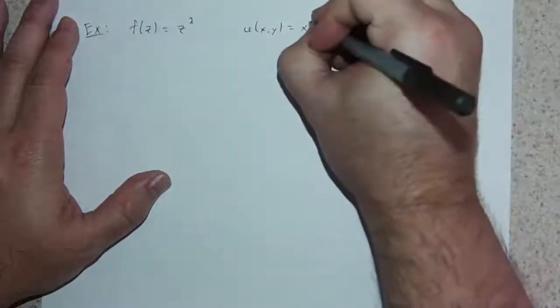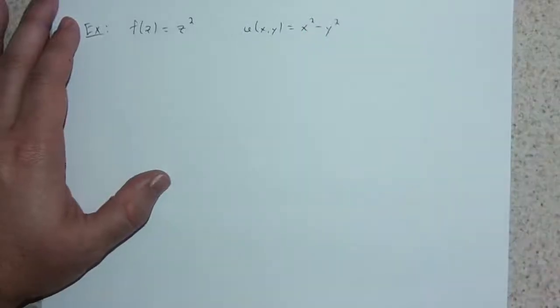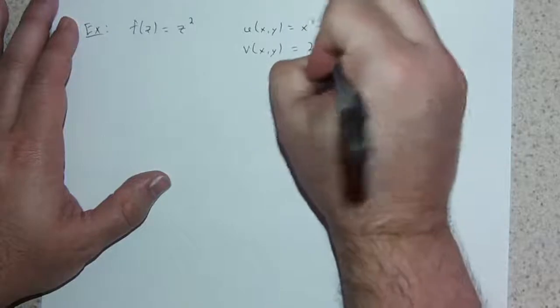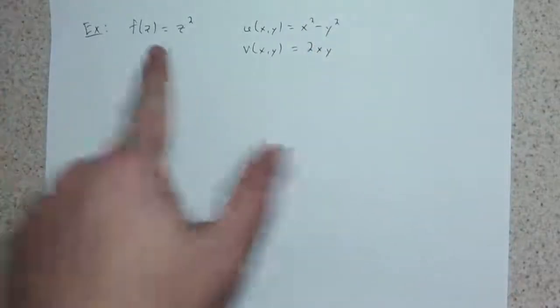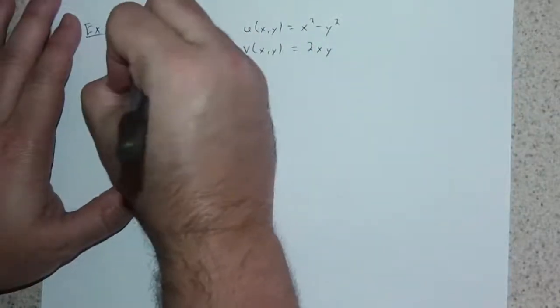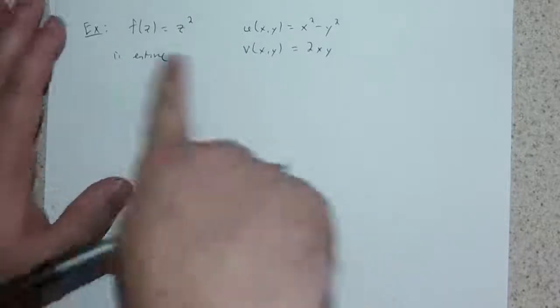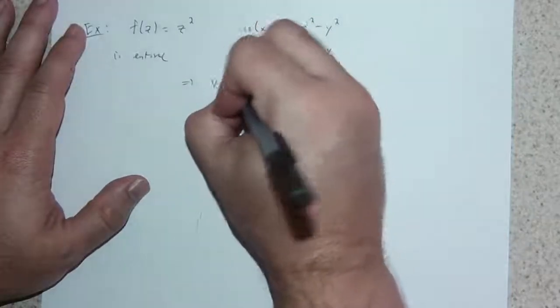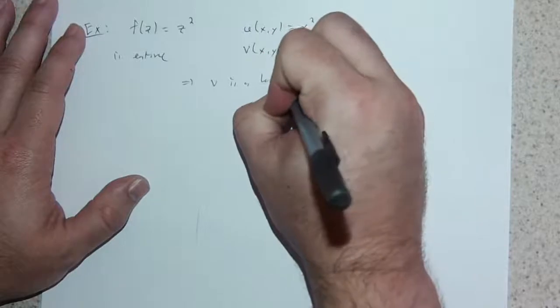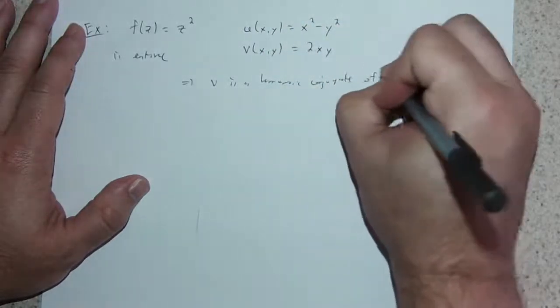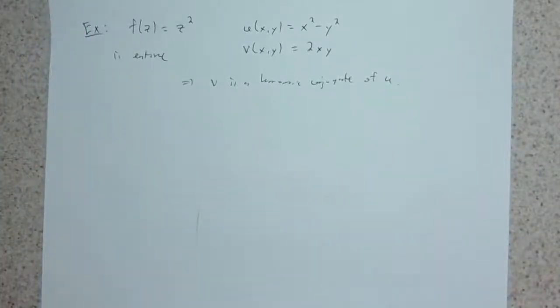So u here is x squared minus y squared, and v is 2xy. Now this thing is entire, since it's a polynomial. And so because of this previous theorem, this means that v is a harmonic conjugate of u, everywhere in the plane.